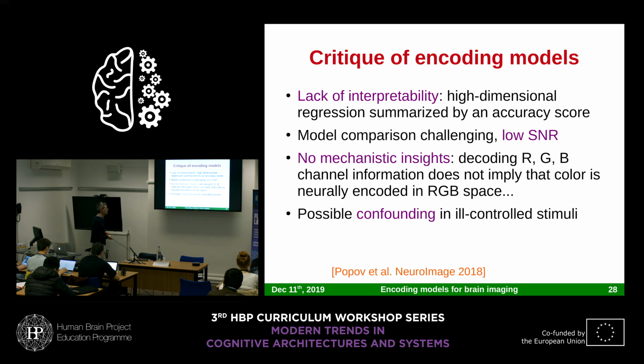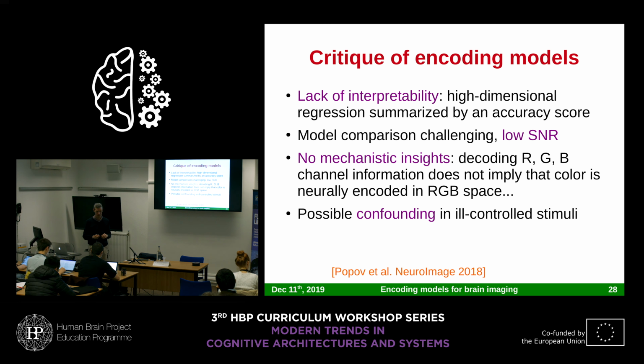And since we always have limited stimuli because of time constraints, budget constraints, there can always be some confounding because objects tend to co-occur together. So a football will always be on a green background like grass. So the representation of this object will be correlated with other features of the images.